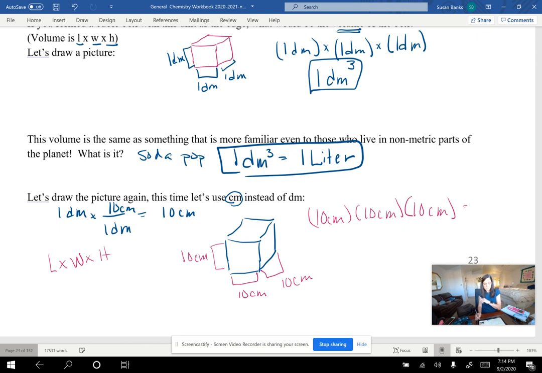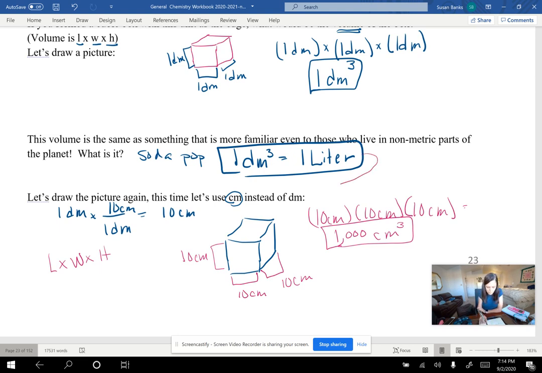So let's think about this. 10 times 10 is 100. 100 times 10 is 1,000. So this will give me 1,000. And then centimeter times centimeter will give me centimeters squared, times centimeter again will give me centimeters cubed. So I will have 1,000 centimeters cubed.